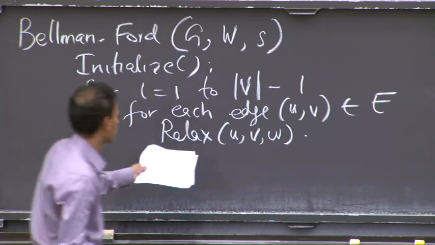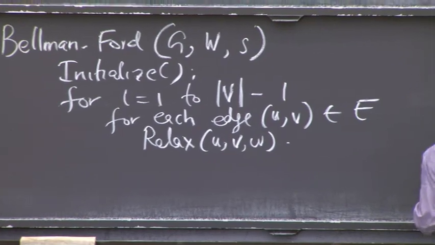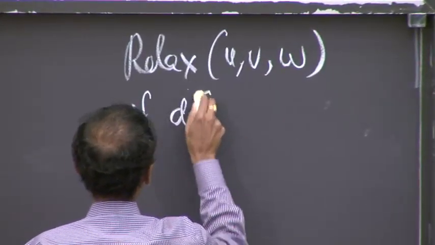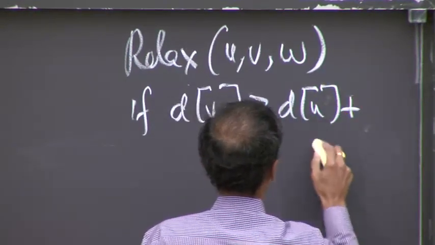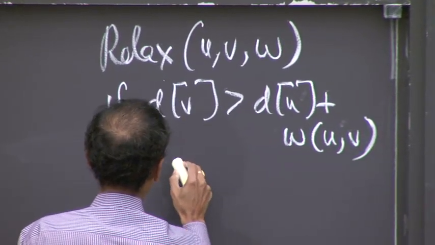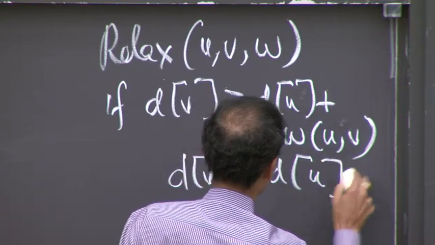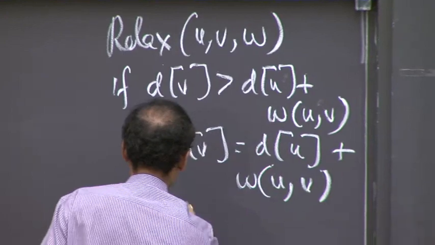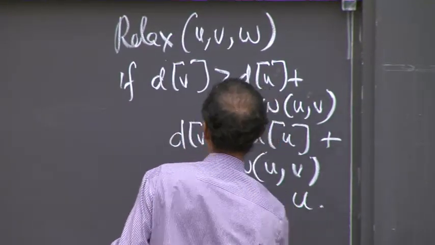And just so everyone remembers, relax uv w is: if d of v is greater than d of u plus w uv, then we'll set d v to be d of u plus w uv, and we also set pi v to be u.